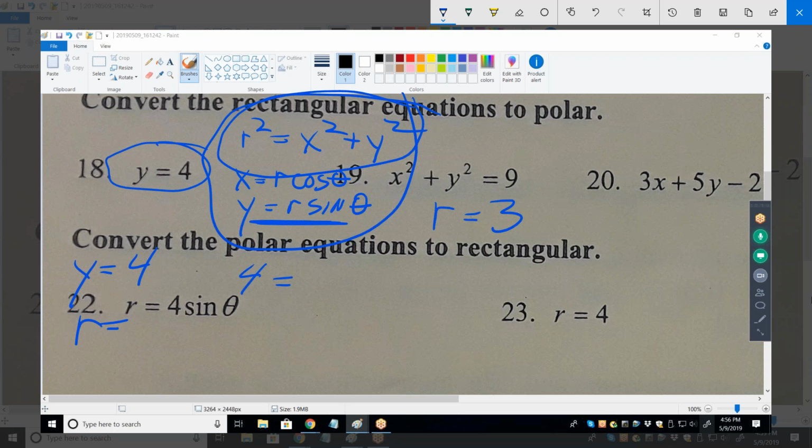So r squared equals x squared plus 8. No, x is 0. So r squared is 4 squared, 16. So r is 4. So we've got 4 equals 4 sine of theta.